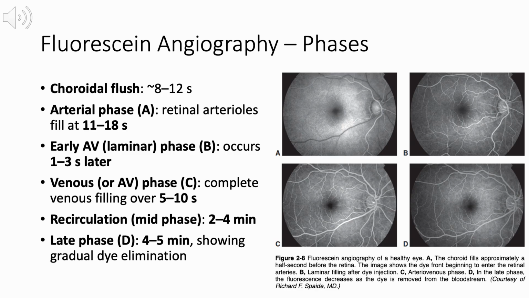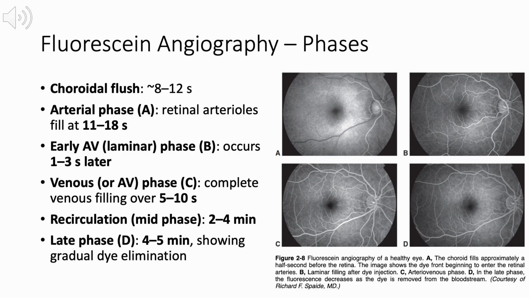Shortly thereafter, the early arteriovenous or laminar phase occurs 1 to 3 seconds later. In this phase, fluorescein can be seen layering within the retinal veins, with brighter dye along the vessel walls and relatively darker blood centrally, as shown in Figure B.